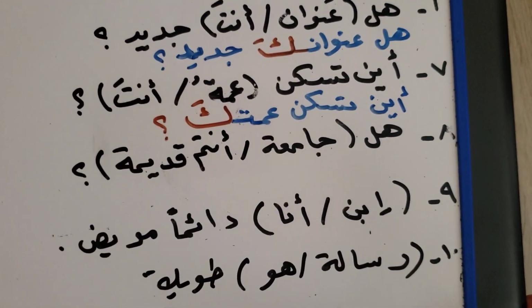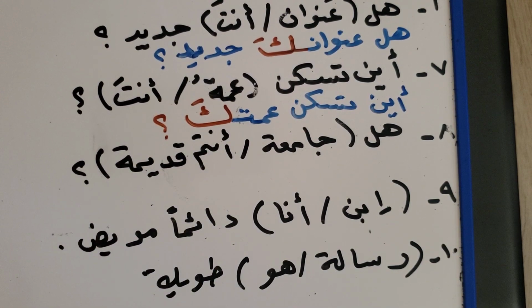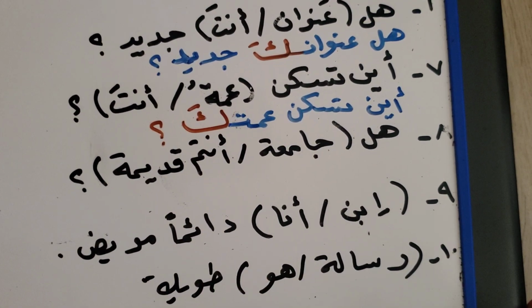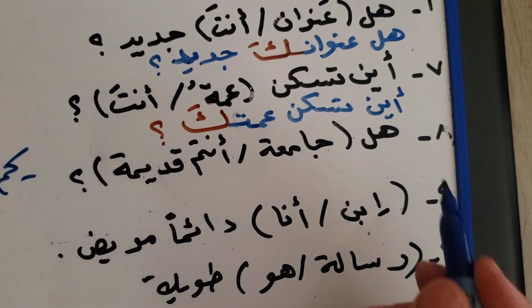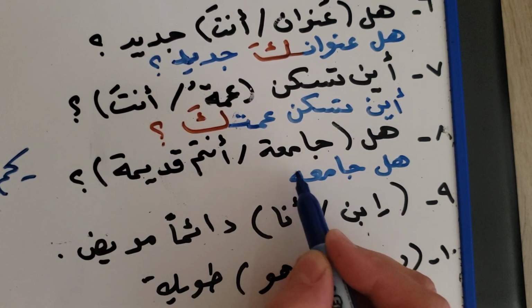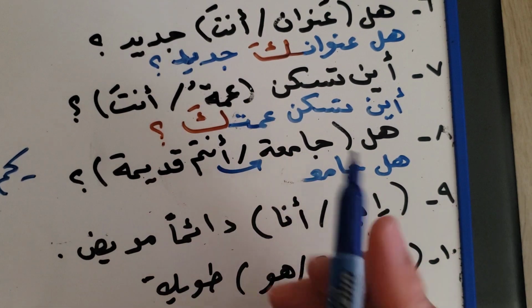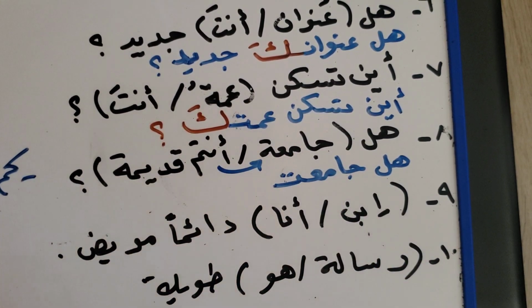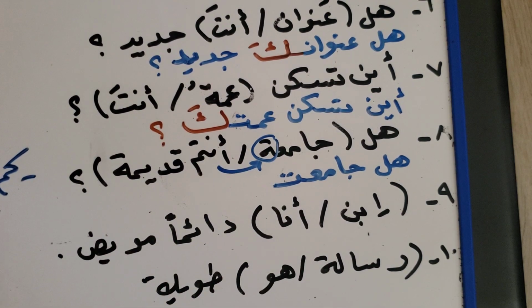هل جامعة أنتم قديمة? Is your university old, ancient? So how are we going to say that? أنتم is the second person plural, so what is the possessive pronoun going to be? كم, right? You have to add كم. So هل جامعة, and again this جامعة has a تاء مربوطة, so we replace the تاء مربوطة with تاء مفتوحة and then we add كم.